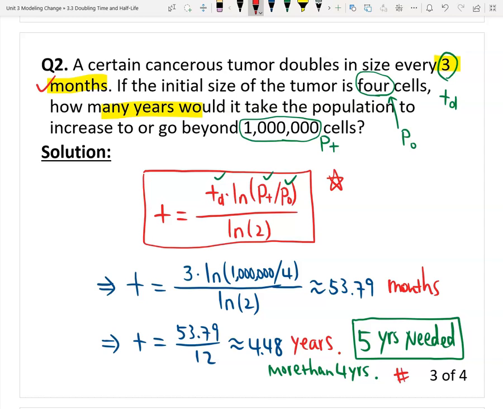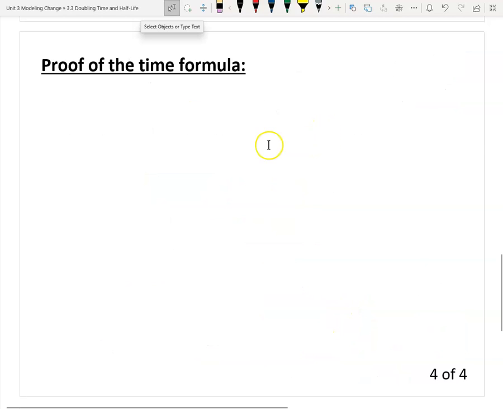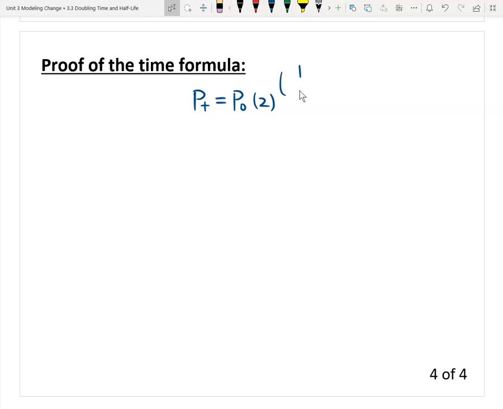Now let's practice. Let's prove the formula. How do you prove it? Let's start from the doubling time growth model. So I copy the formula here first, which is PT equals P0 times 2 raised to the power of t over TD.